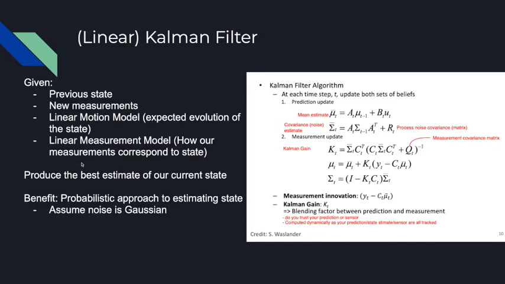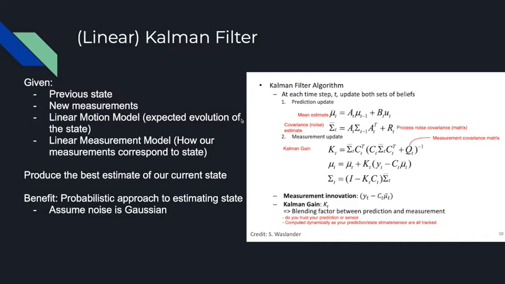The Kalman filter produces the best estimate of our current state given this previous information and current measurement. And the benefit is that not only are we predicting some position, we can prove that the estimate from the Kalman filter will be the best estimate, minimizing error, given our data.